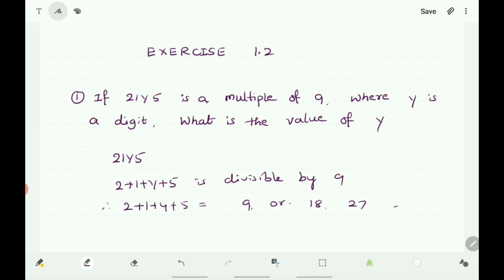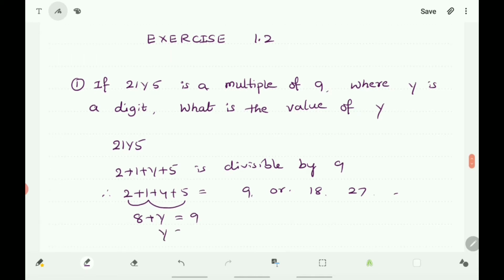Here the sum of 2, 1 and 5 is 8. 8 plus y is equal to 9. So you can write y is equal to 9 minus 8 is equal to 1.